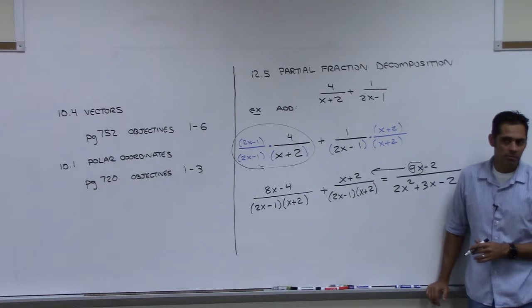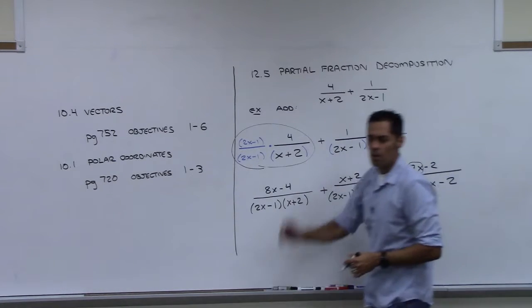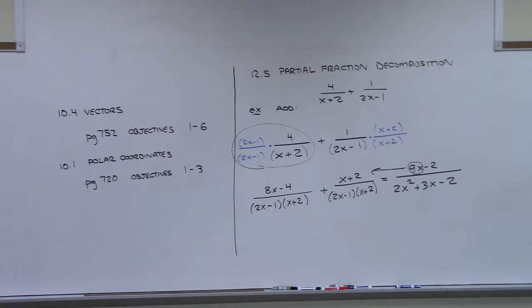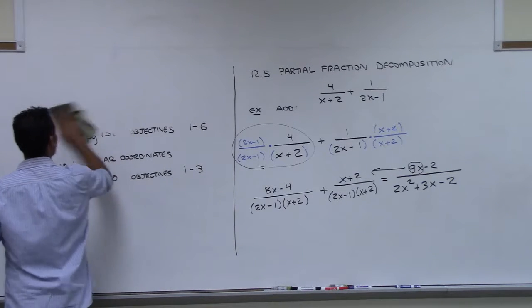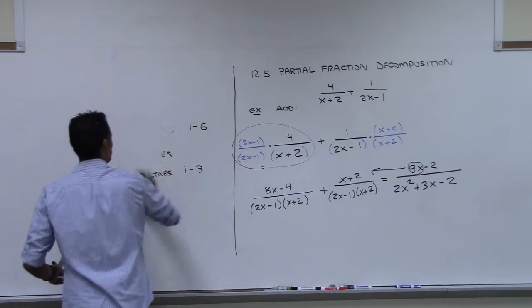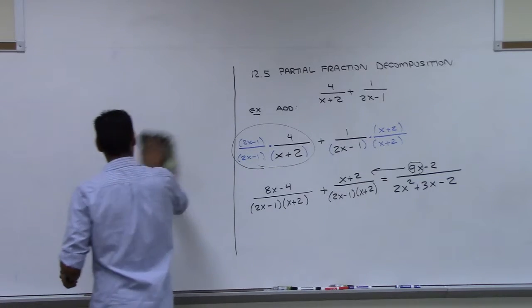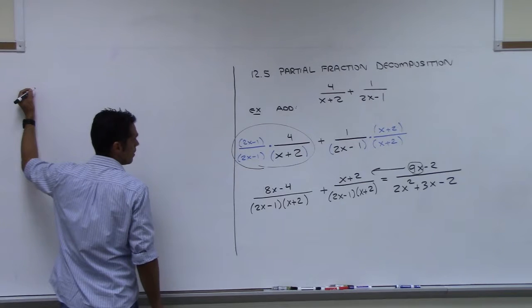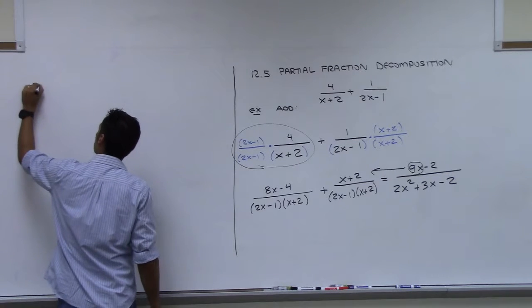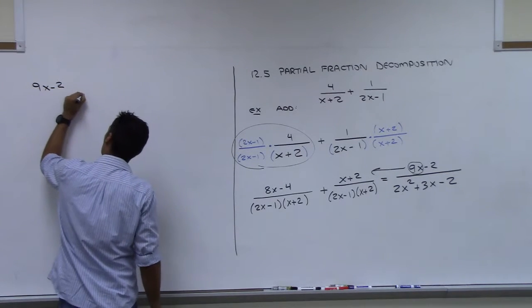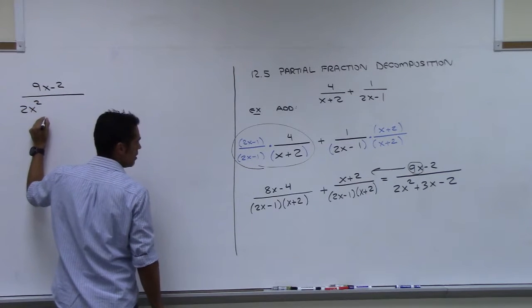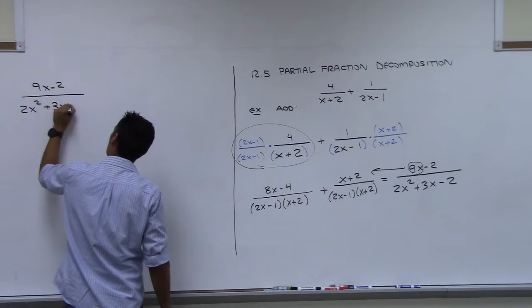So what do we do? Well, we have a whole process called partial fraction decomposition. All right? You ready? Does it look fun? Yeah, you want to go back to trig functions? All right, so let's start out with the expression 9x squared over 2x squared plus 3x minus 2.